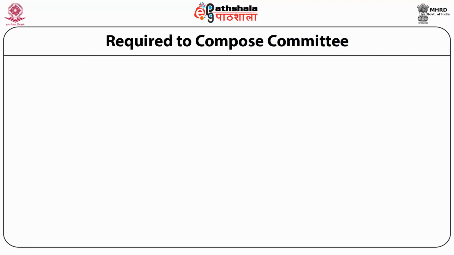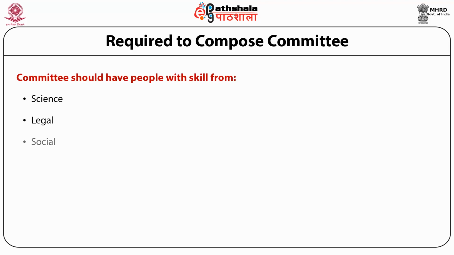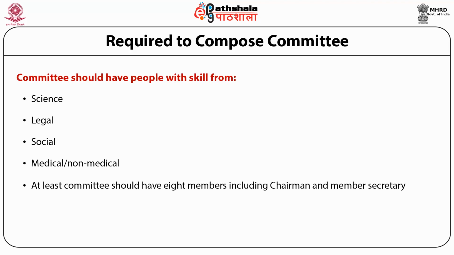In this, they are required to compose different committees. Each committee should have people with skills from science, legal background, social background, one person from medical and one person from non-medical background. A committee should have at least 8 members, including the chairman and the member secretary.